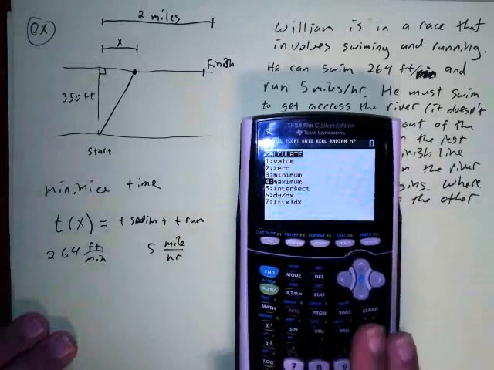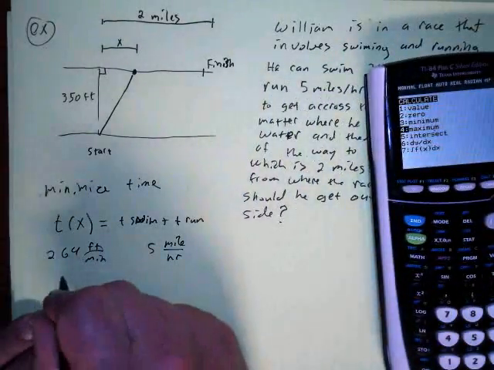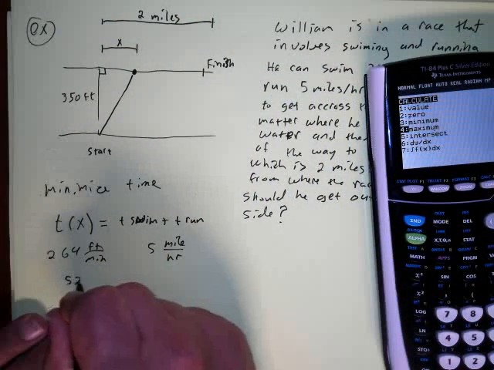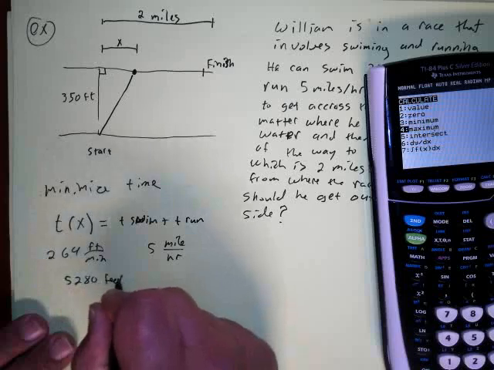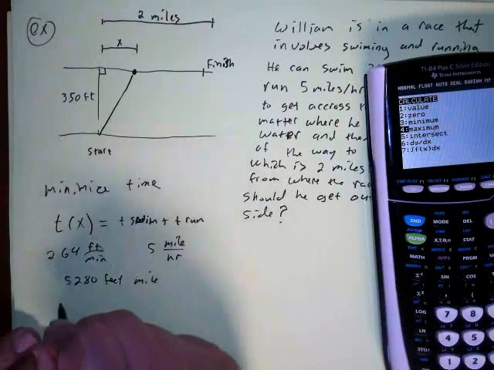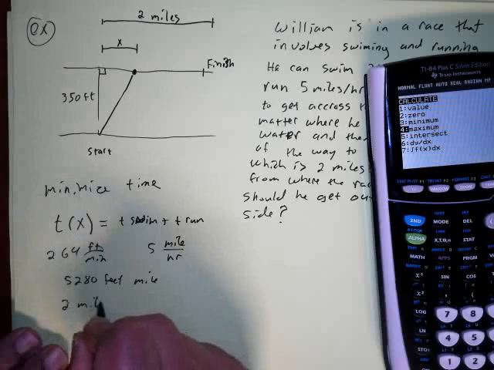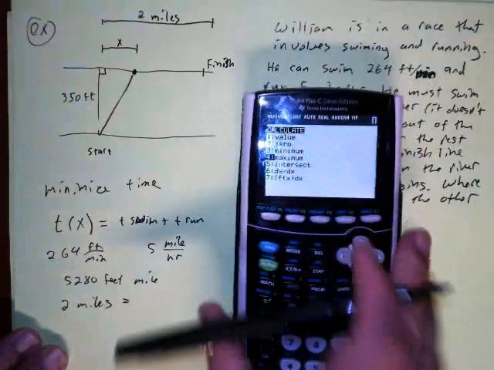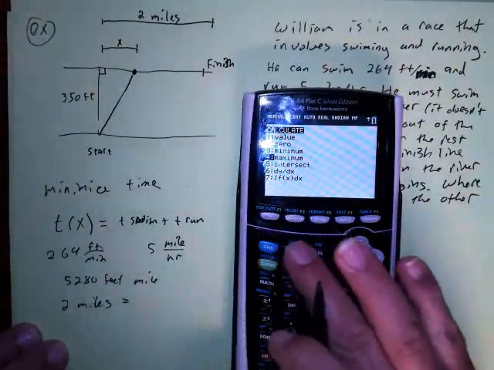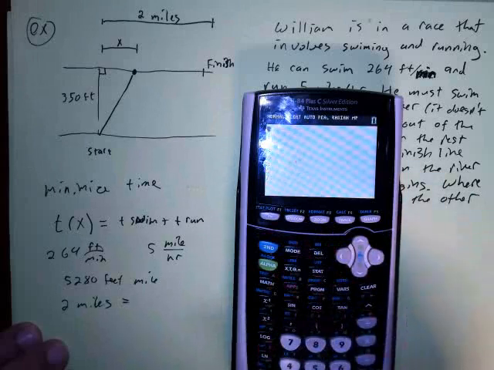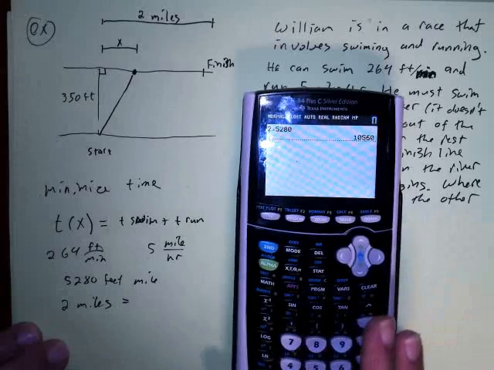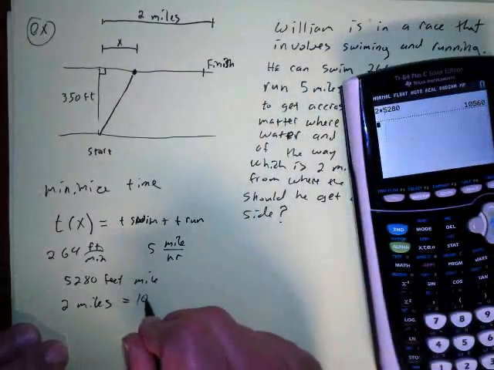So first of all, there's 5,280 feet per mile. So 2 miles is equal to 2 times 5,280. So it's 10,560 feet.